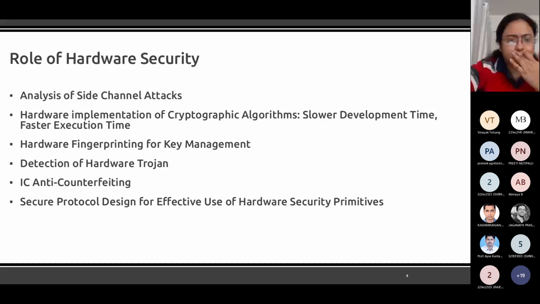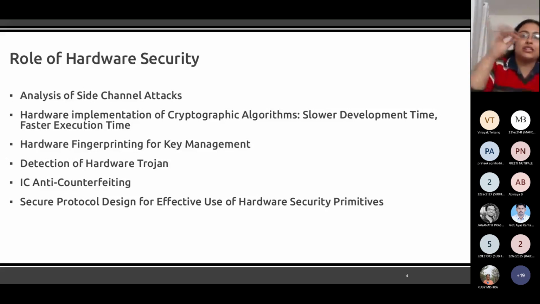So what this third party, who is in charge of the fabrication lab, can do is actually see the netlist and try to understand the most significant parts of the circuit. Then they can add some additional AND gate or some logic which will certainly leak the information.